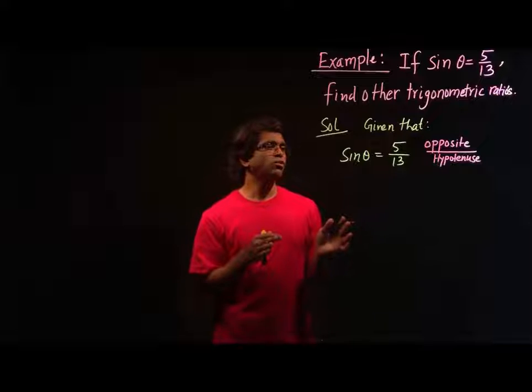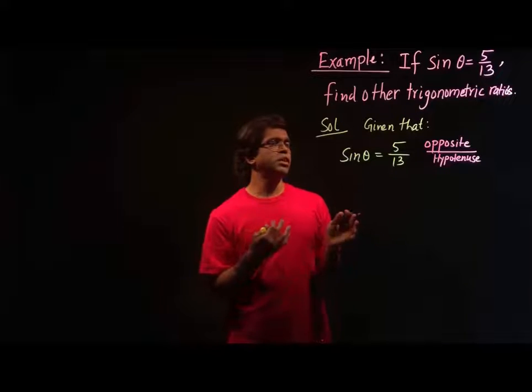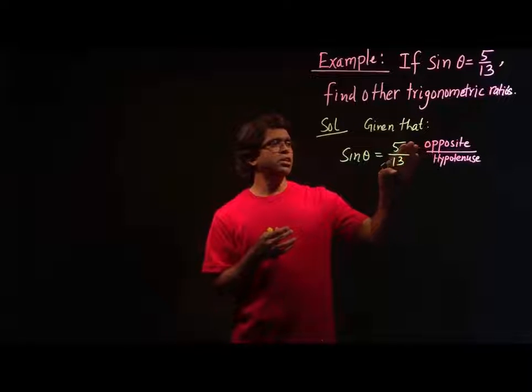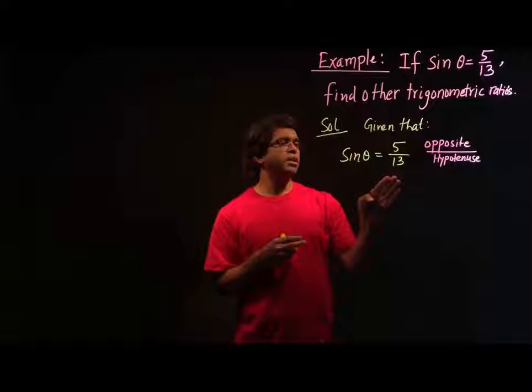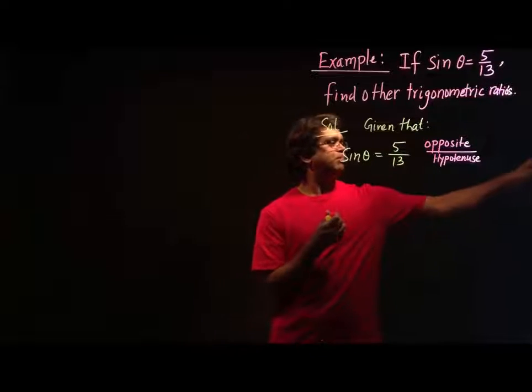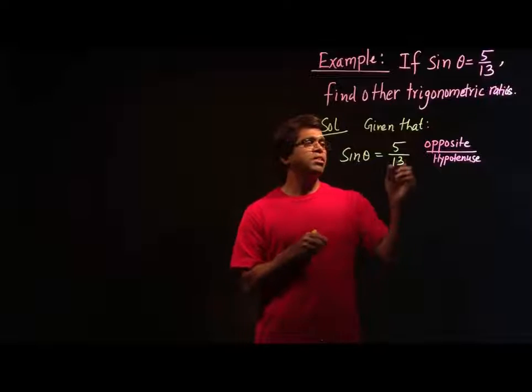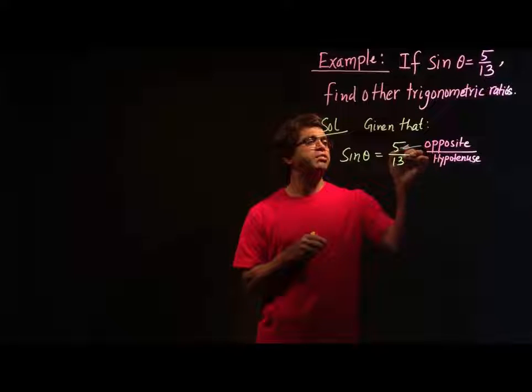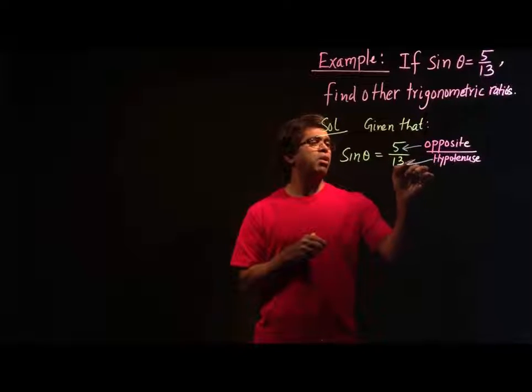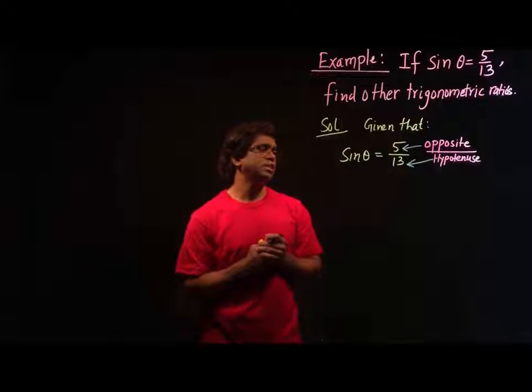So if I want to find the other trigonometric ratios, we need to use the given sides of the triangle. As you can see, my opposite is 5 and my hypotenuse I can take as 13 units.